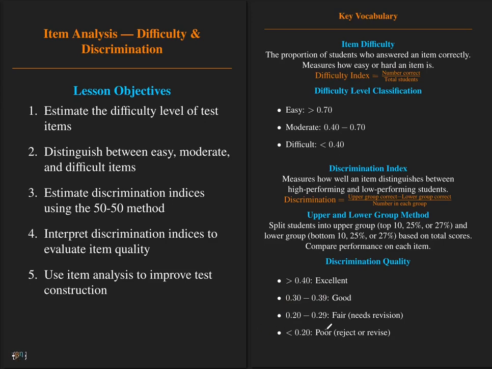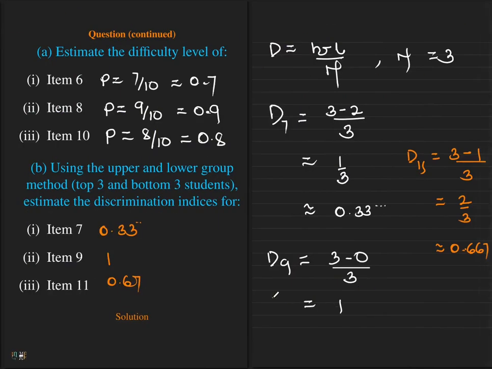Anything less than 0.2 is a poor indicator. So in this case, item 7 is a good indicator. Item 9, which is 1, being greater than 0.4, is an excellent indicator, and item 11 is also an excellent indicator.